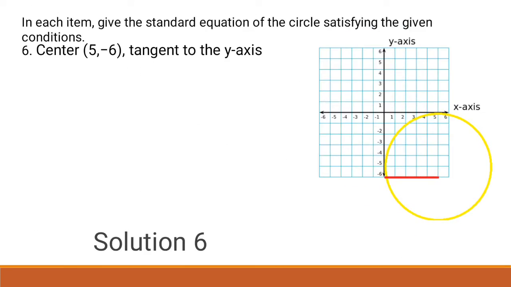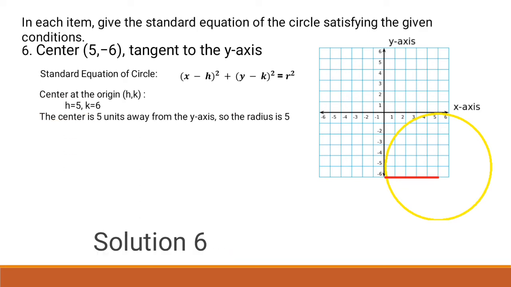For our problem number 6, with the center of (5, -6) and tangent to the y-axis. Here is our standard equation. As you will see, our center is given by (5, -6), which represents h = 5 and k = -6. Let us define what a tangent is. A tangent is a line and a curve that intersect at one point.